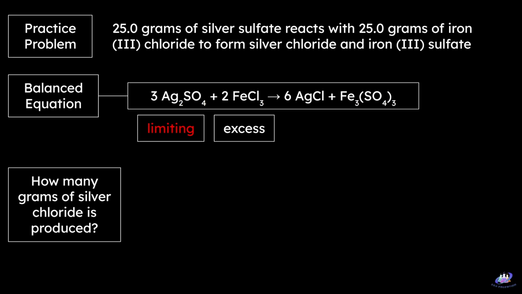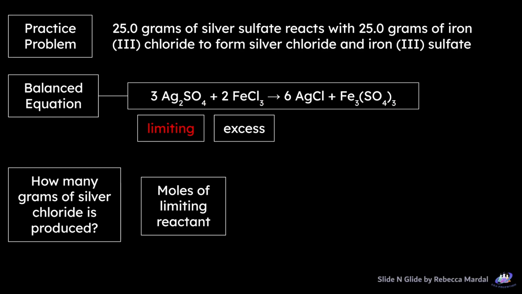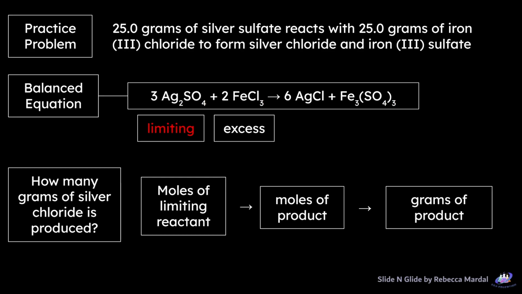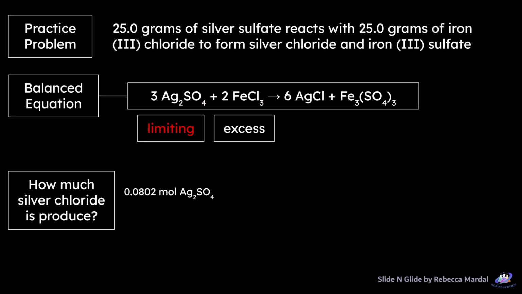Again, it's our limiting reactant that we want to focus on, as it's the one controlling how much product is made. So to find how many grams of silver chloride is produced, we want to take the moles of our limiting reactant, convert it to moles of product, and then to grams of product. So let's take the moles of silver sulfate that we found earlier, and using dimensional analysis, let's convert it to grams of silver chloride.